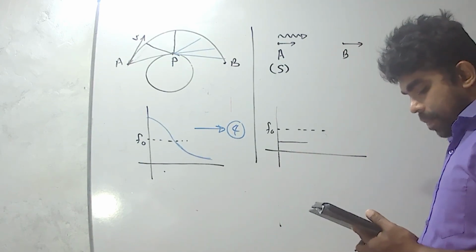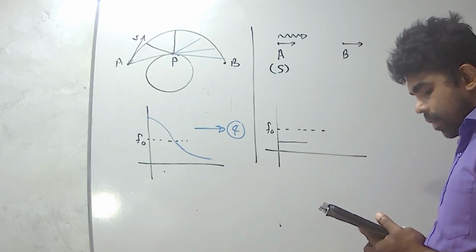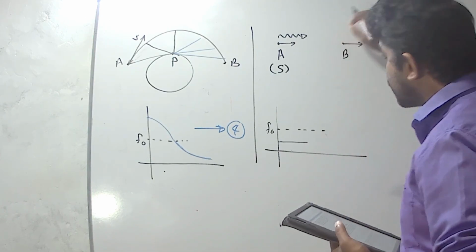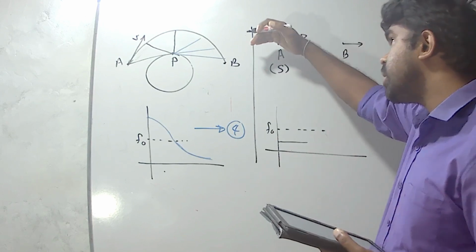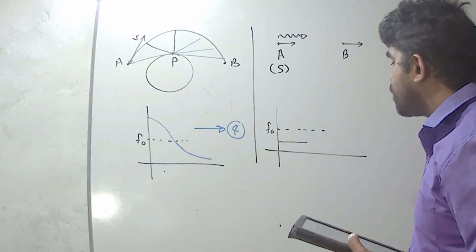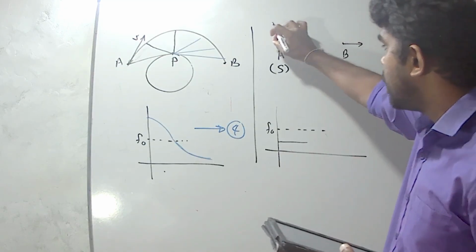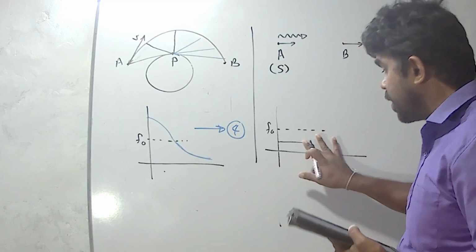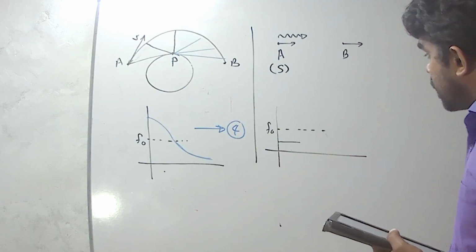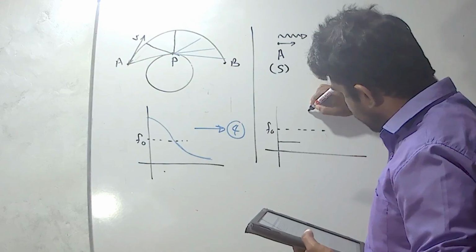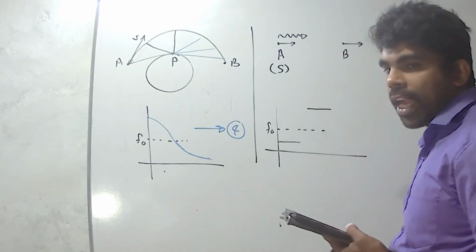Then B is stopping. Therefore, after stopping, A is coming towards B. Therefore, the gap between two cars is decreasing. Then we can observe a greater frequency, a frequency greater than actual value.